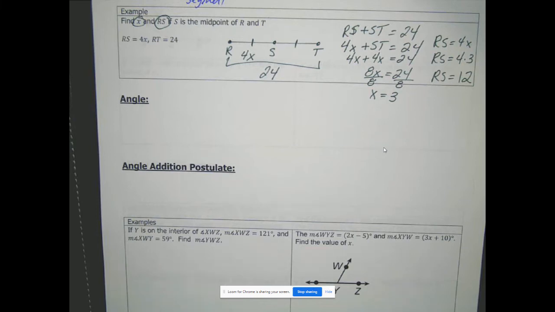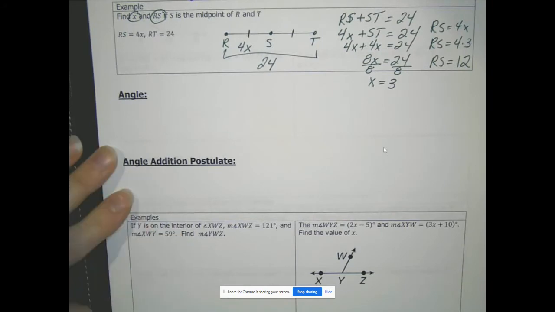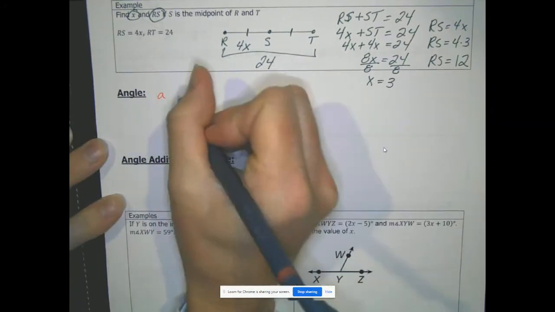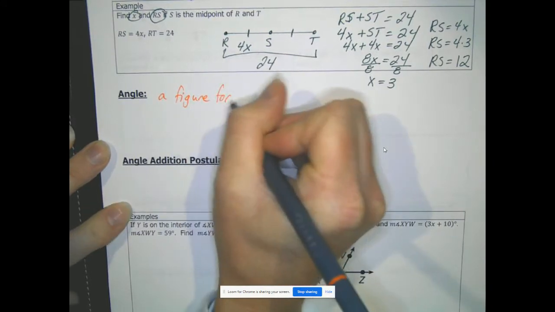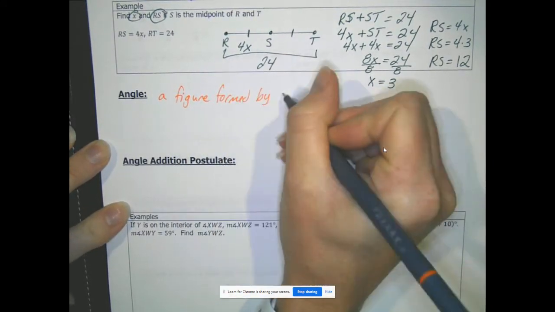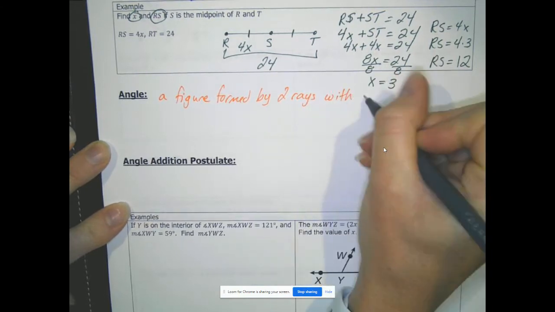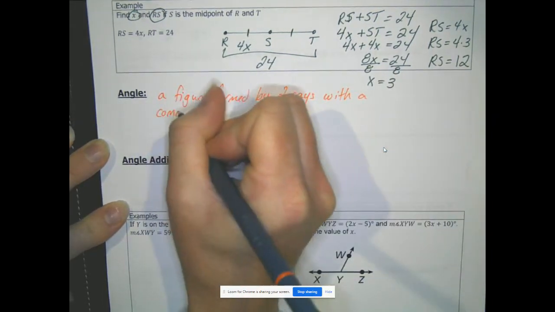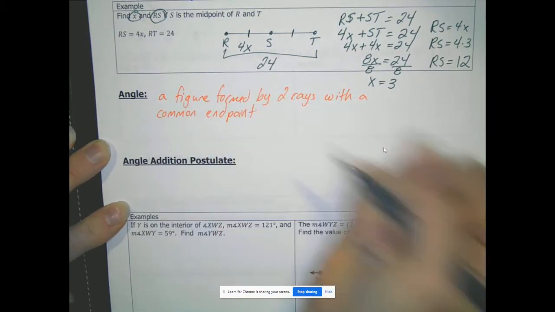So now we're going to move on to angles, angle properties. So an angle is a figure formed by two rays with a common endpoint.